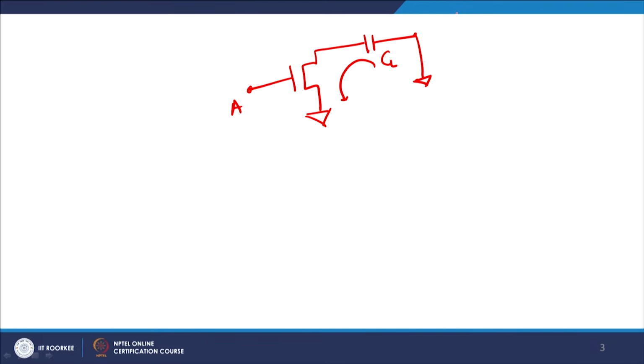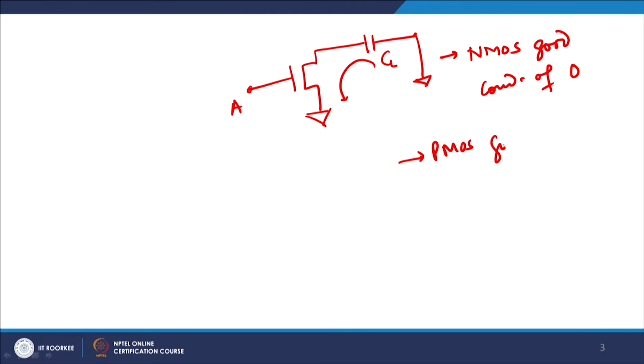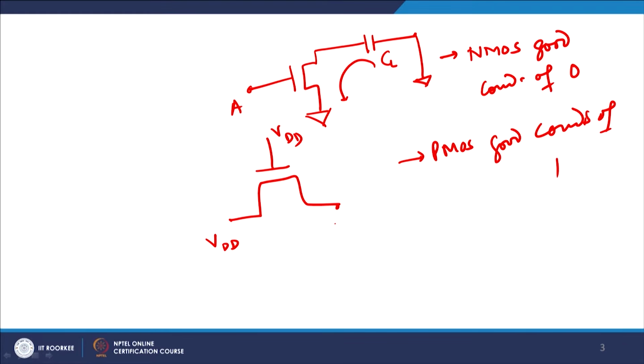Now NMOS transistors are good conductors of 0, and PMOS are good conductors of 1, which means that whenever a 1 is passed through an NMOS between input and output, if I apply VDD here, then the voltage at this point is VDD minus VTN, right?